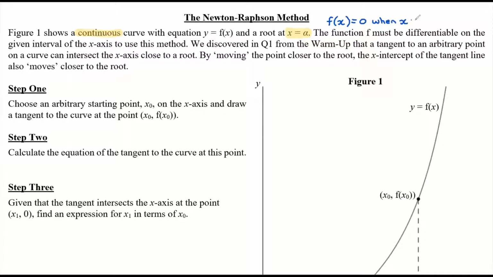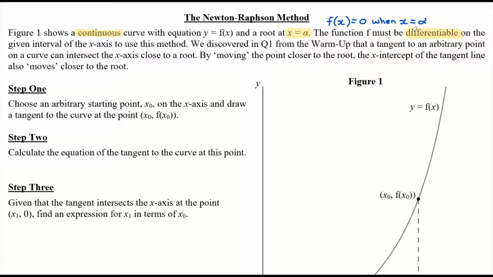So alpha being that specific value of x that produces that solution. So the function f must be differentiable. Okay, so that also means that it has to have a derivative that is applicable at every point along the curve, on the interval that's given.